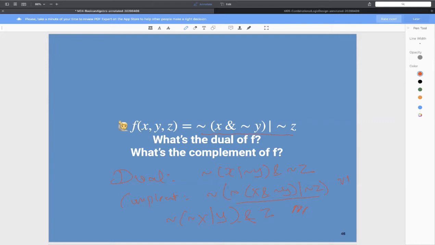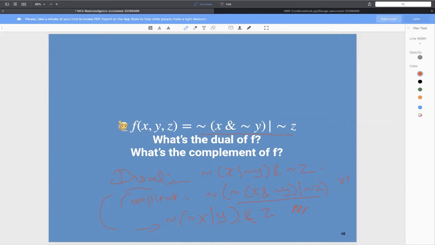The other way I can do the not of f is to say that it is the dual applied to the complements. So wherever I have x and y and z in the dual, I'm going to replace them by not x, not y, and not z. So this expression is obtained from the dual. I have not, and then inside, x or not y becomes not x or y, and then not z becomes z.